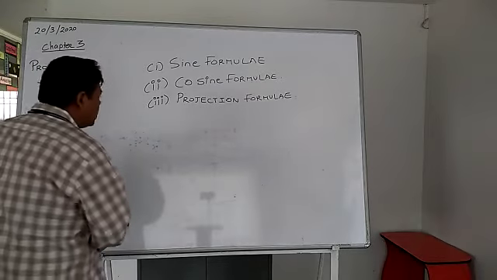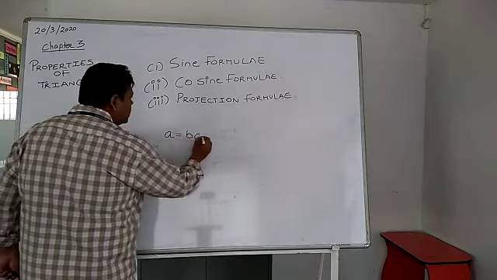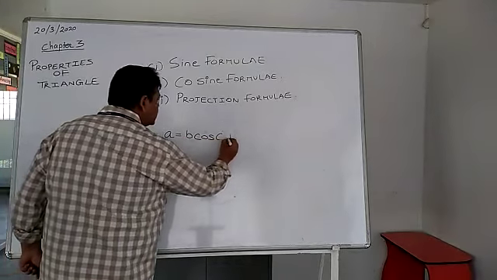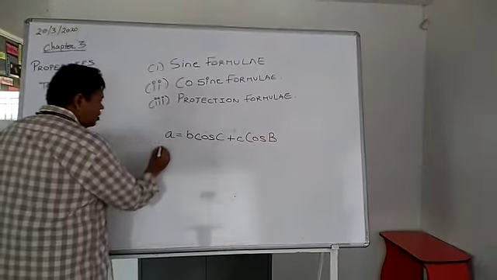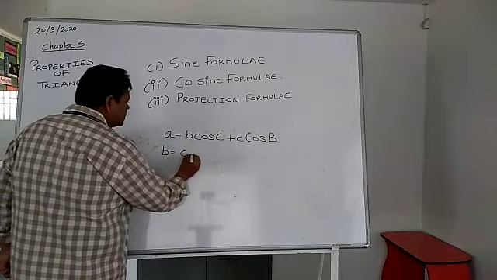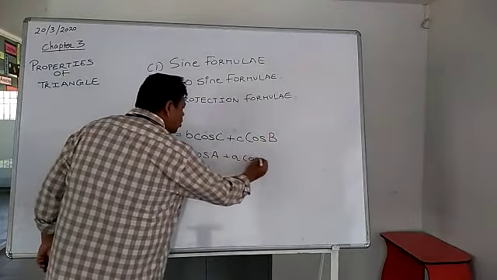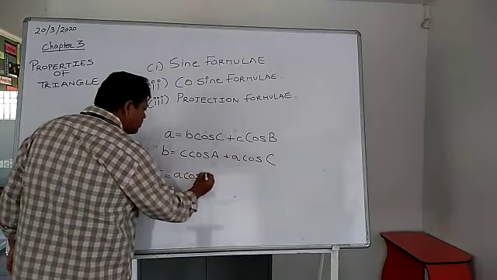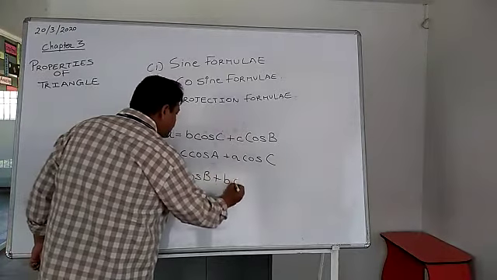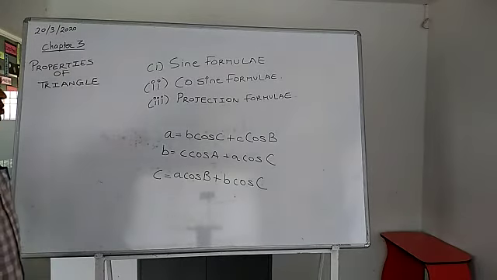The projection formula says that a is equal to b cos C plus c cos B. b is equal to c cos A plus a cos C. c is equal to a cos B plus b cos A. So this is the projection formula.